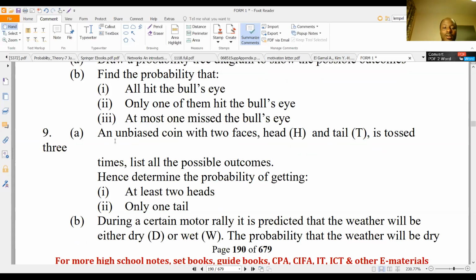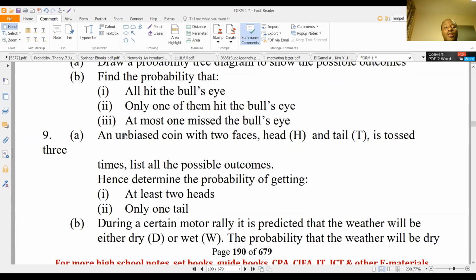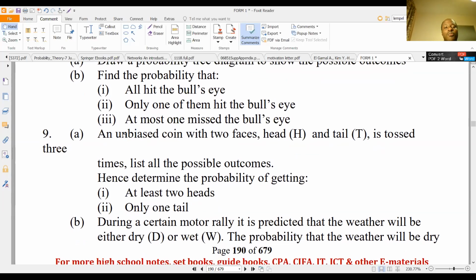So let's start with number 9A. An unbiased coin with two faces, head and tail. When it's unbiased, that means it can be a head or a tail, with equal probability. The coin is tossed 3 times. List all the possible outcomes.